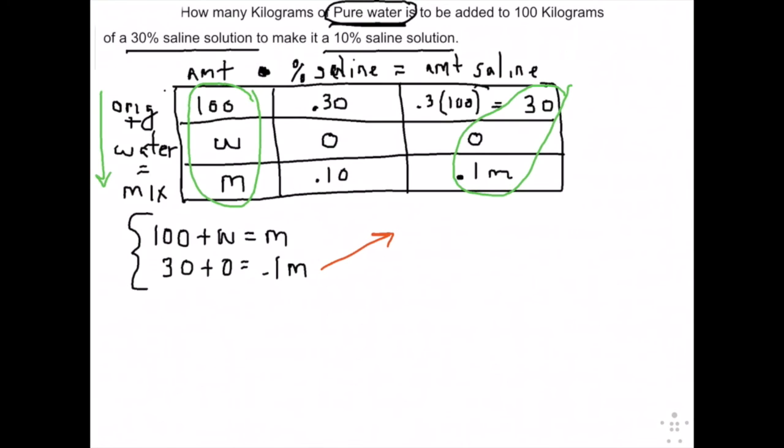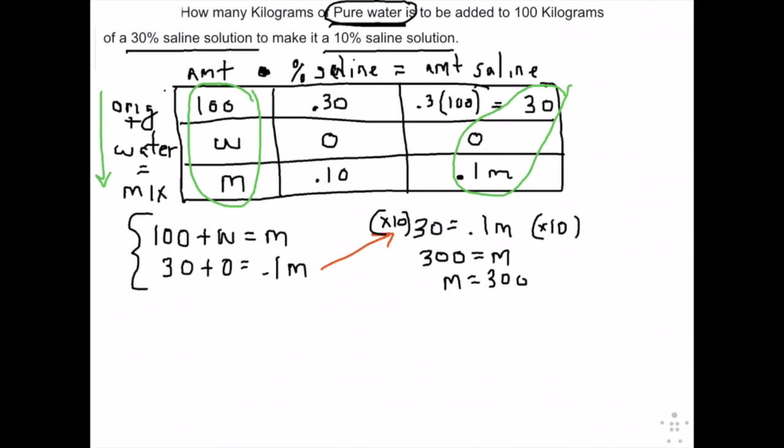So I have 30 equals 0.1 M. If I multiply both sides by 10, or divide by 0.1, I get 300 equals M. So M equals 300. So I know how much the mixture is now.